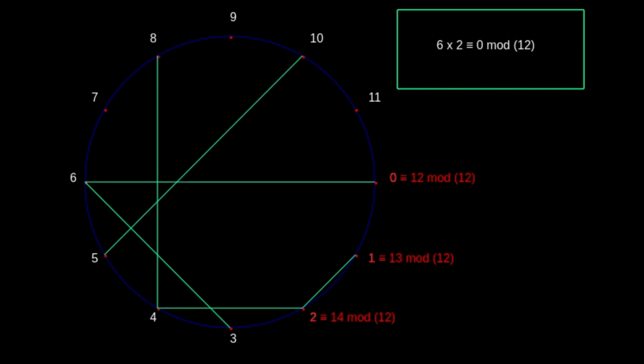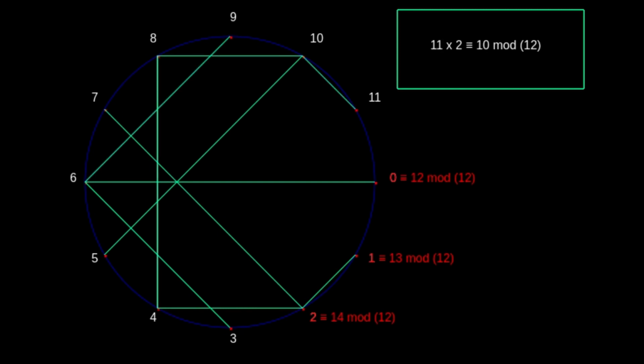Now 7 times 2 is 14, but 2 equals 14 here in our scheme of things. Therefore 7 and 2 will be joined. Now the rest you can easily figure out, and eventually we'll get this pattern, which is pretty much symmetric and looks nice.